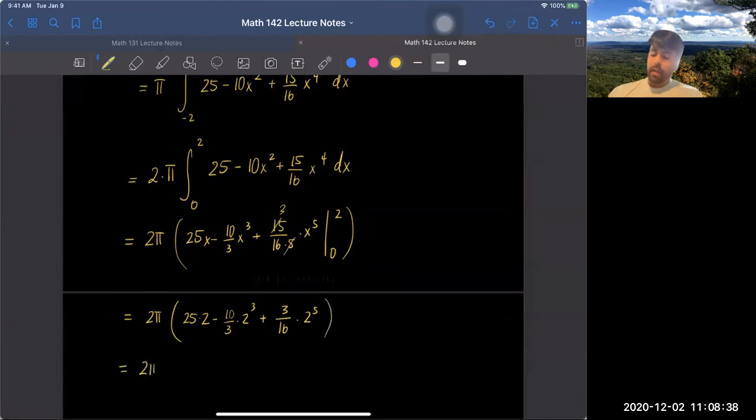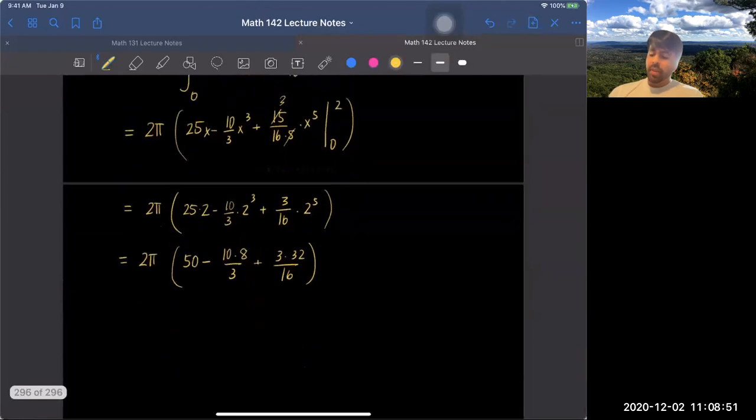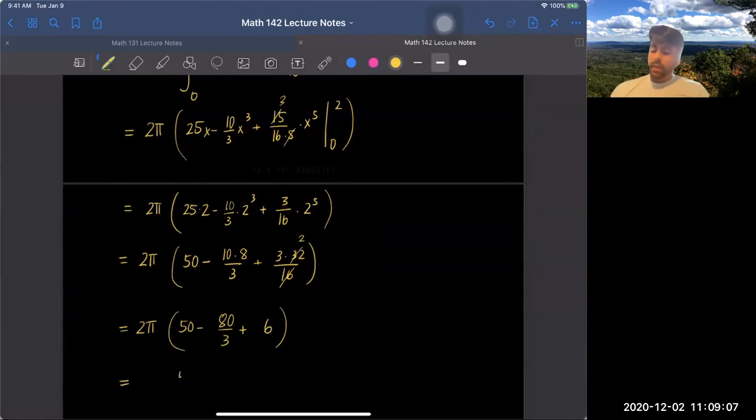This would be 2 pi multiplied by 50 minus, this is what, 10 times 8 over 3 plus 3 times 32 over 16. So this is 80 over 3. The 16 goes into 32 twice. So this is really 6. This is 50. Okay. And then you can combine, this is 56 minus 80 over 3 times 2 pi. And what is that?